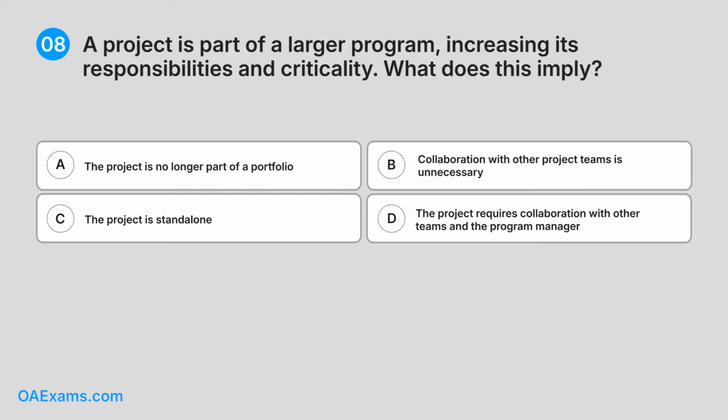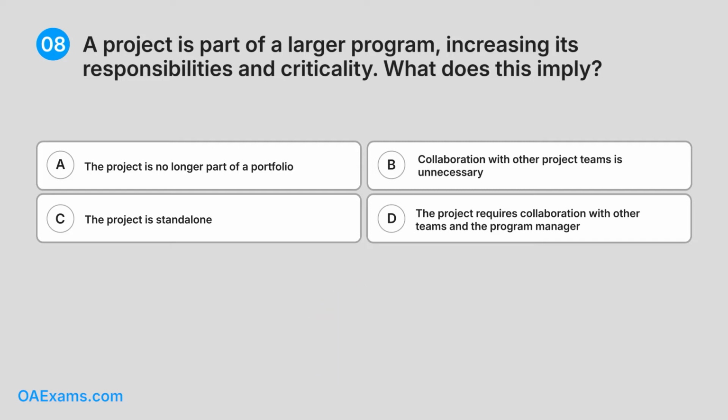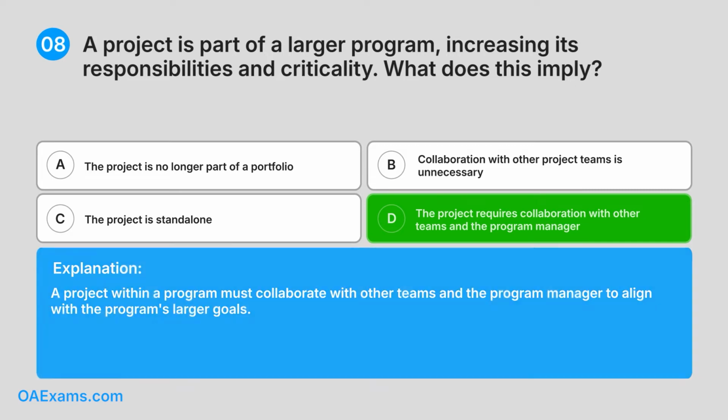D. The project requires collaboration with other teams and the program manager. Do you know the answer? Correct answer. D. The project requires collaboration with other teams and the program manager. Explanation. A project within a program must collaborate with other teams and the program manager to align with the program's larger goals.